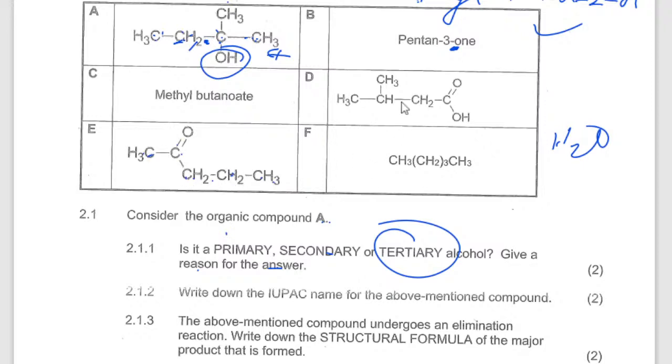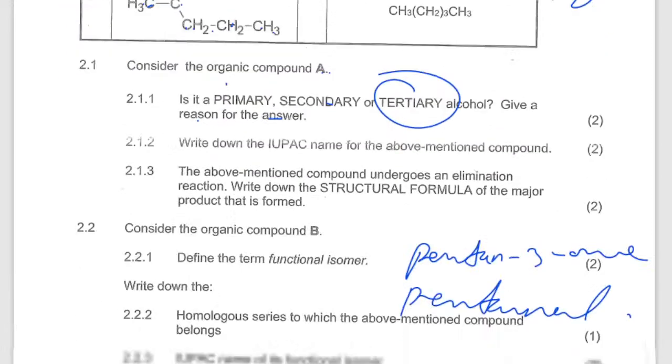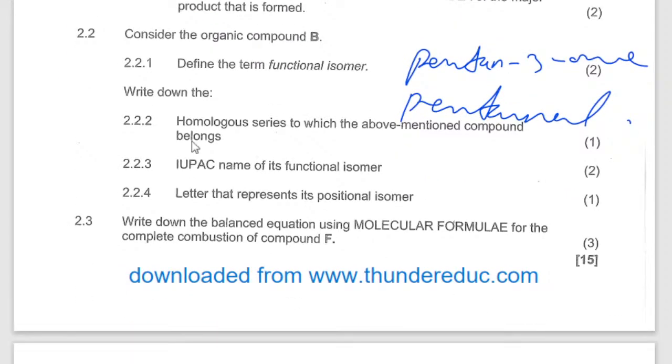It's 5, and this one also 5. This is the carboxylic acid, this is an ester. So it becomes E, because it's the same thing as a ketone, but in this case it is pentan-2-one, and this one is pentan-3-one. So that means that one becomes the most correct answer. Yes, so we have got it.